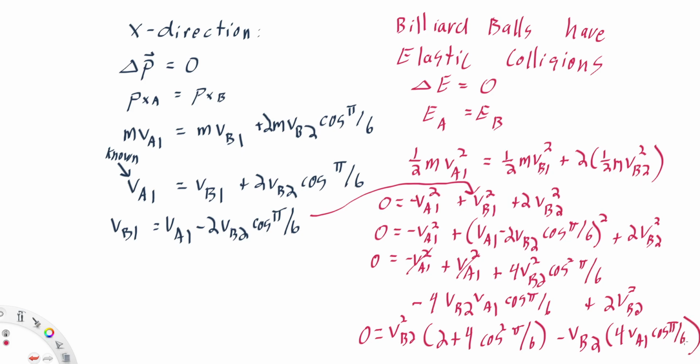And we're running out of time, so I'm not going to finish up the algebra, but we only have VB2 as an unknown. We can totally solve for it.